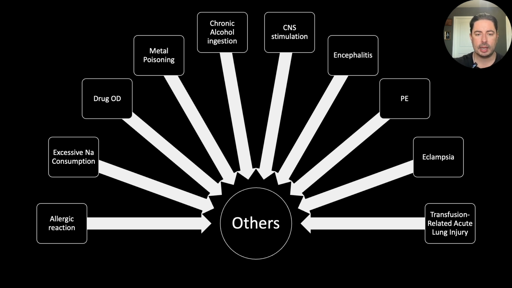Metal poisoning, chronic alcohol ingestion, I think we talked about that a little bit earlier. Central nervous system stimulation, encephalitis, a PE or pulmonary embolism, eclampsia, or transfusion-related acute lung injury or TRALI. Those are all additional causes of non-cardiogenic pulmonary edema.